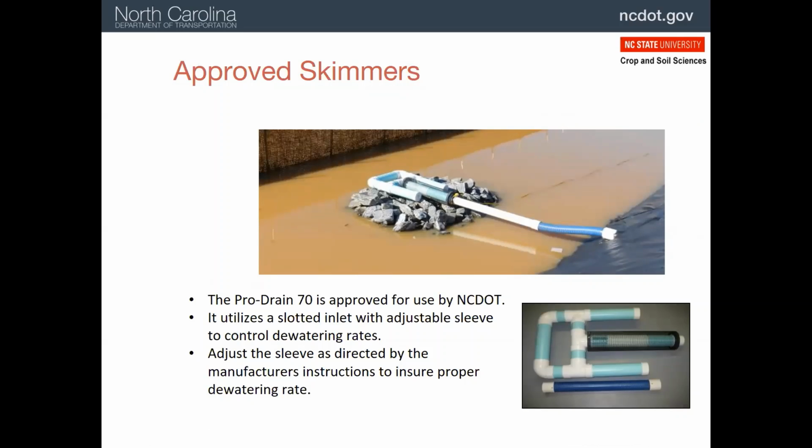The ProDrain 70, as you see here, has a unique way of adjusting flow out of it. The outlet pipe has a series of slits cut in it, as you can see here. And the sleeve on the outside is adjusted up and down to allow more or fewer of those slits to discharge. So like the other 2 we just looked at, this skimmer can be adjusted to have flows for different size basins.